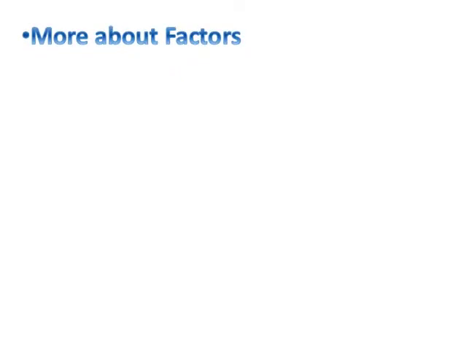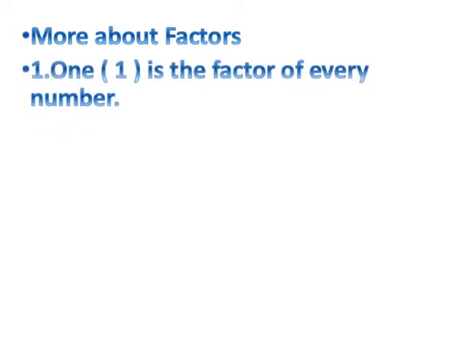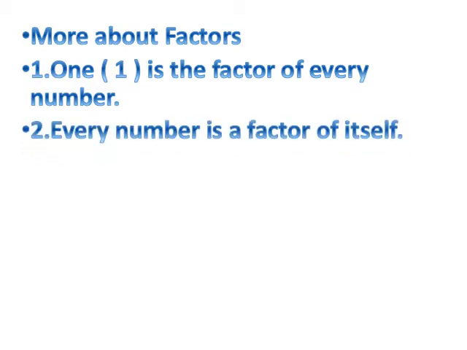Now let's see something more about factors. One is a factor of every number, which means any number divided by 1 gives the remainder 0. Every number is a factor of itself.